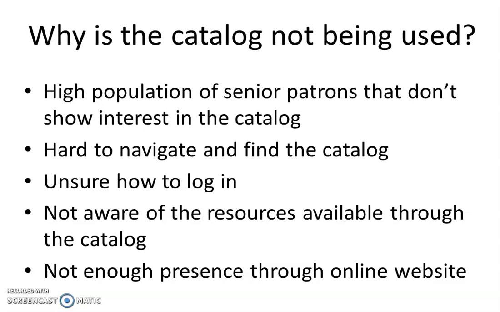Once they do find it, they are unsure how to log in and how to use it. This also leads to an unawareness of the resources available through the catalog, and we've also discovered that there's not enough presence through the online website pointing to the direction of the catalog.